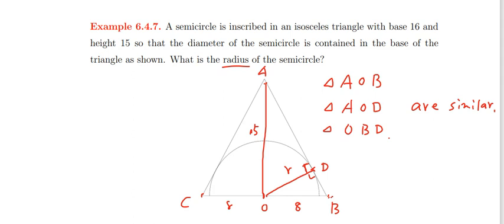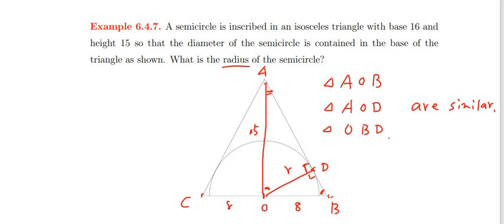So why are they similar? Because their angles are the same. One is 90, and this angle plus this angle is 90, and this angle plus this angle is also 90. So this angle is the same as this one.